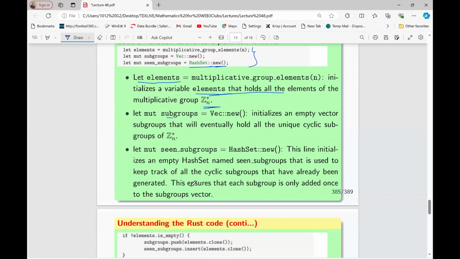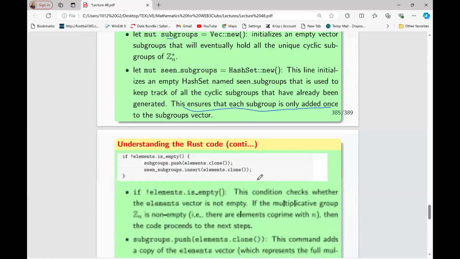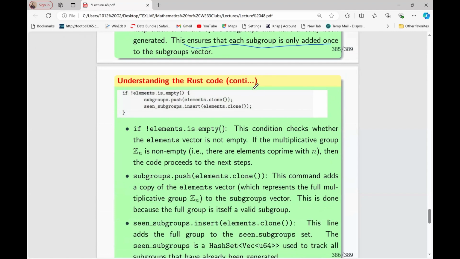And that's what I've explained here, that this ensures each subgroup is only added once. And then I broke it into this other part and what it means, and of course, I've already read this as: if the elements is not empty, and so on.